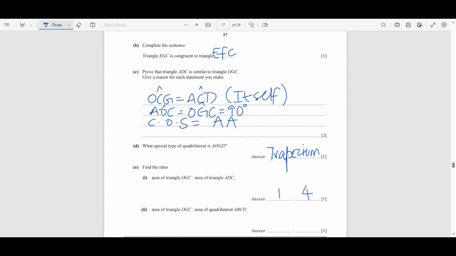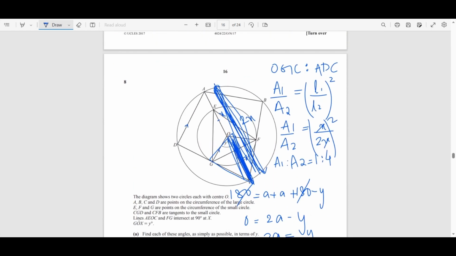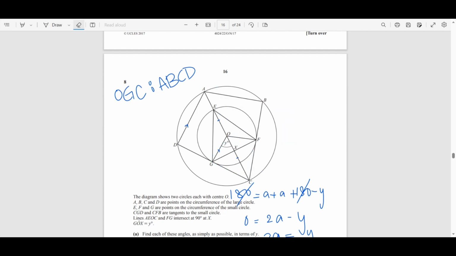Okay. OGC to ABCD. This is again area. Let me quickly erase everything. So OGC is this, right? And ABCD, the whole thing. If we see that ADC is congruent to ABC, we just proved it because of two angles being equal.